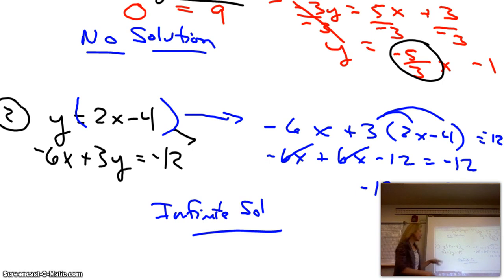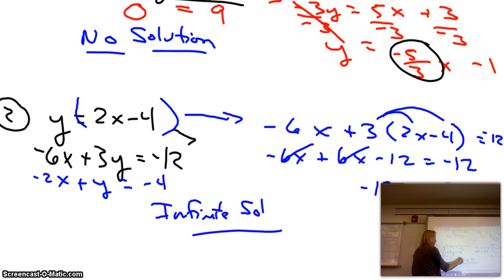We would end up with negative 2x plus y equals, dividing by 3, we get negative 4. And now we add the 2x to both sides. Do we have the same equation? Yes, we do. It's the same equation, which is why we have infinite solutions.